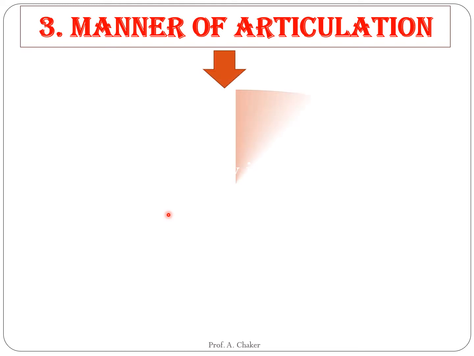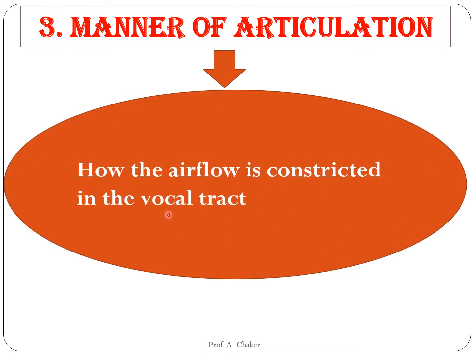So here we describe how the airflow, that is the air coming from the lungs, is constricted in the vocal tract, in the vocal cavity. Is it a total obstruction? Is it a partial one? Or is it a very little constriction or obstruction? We will see some examples later.